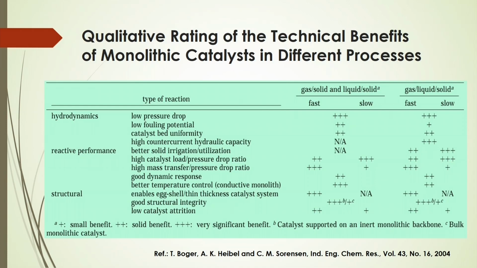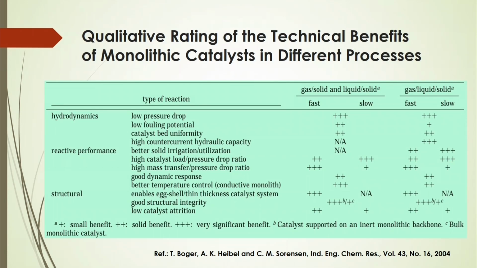In the fast reactions, with high mass transfer to pressure drop ratio, you can get fast reactions for the gas-solid reactions, and slow reactions also can occur, but to a limited extent.